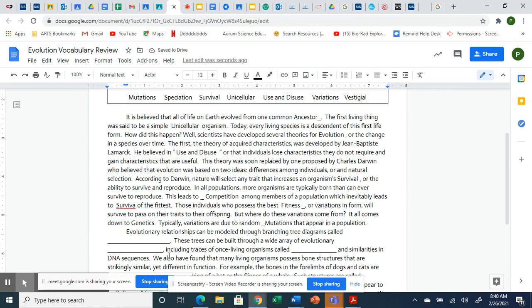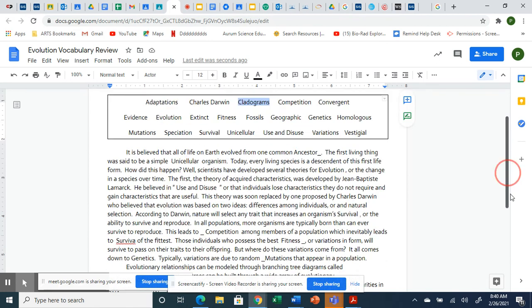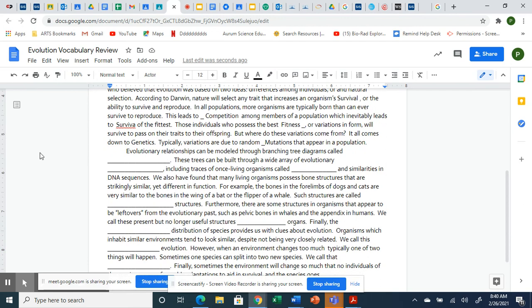Evolutionary relationships can be modeled through branching tree diagrams, which we are doing down the road, but you will be doing cladograms. These are tree diagrams.